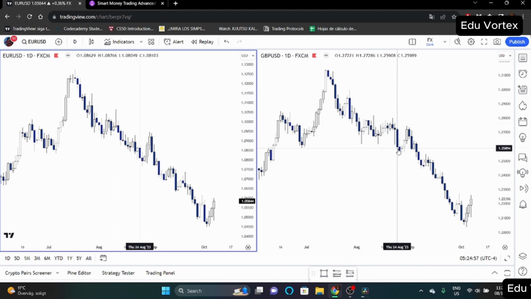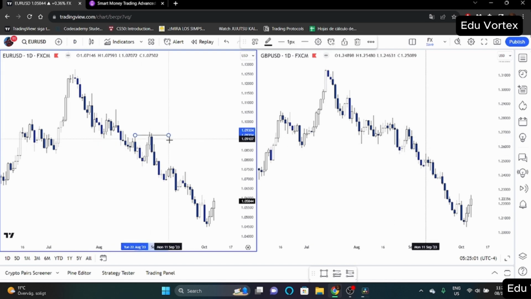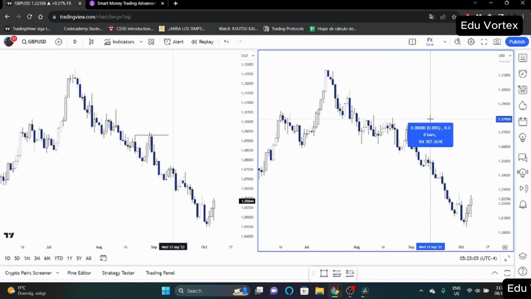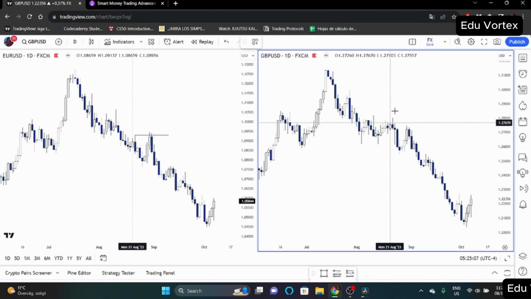It goes lower. While euro took this high, GBP, did it take that high? Nope, it didn't take the high. So which is stronger? Euro. So we're looking for sells on GBP.